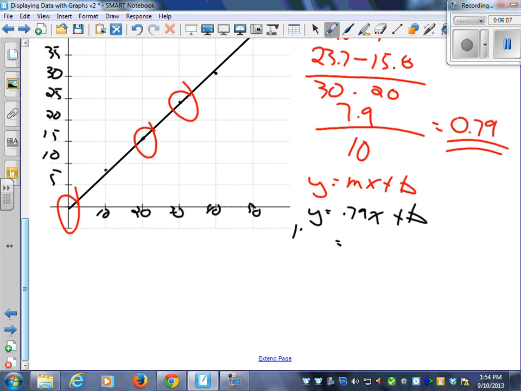So 15.8 is equal to 0.79 times the corresponding x, which is 20, plus b. And now I have an equation with how many unknowns? Just one. Can we solve that? Absolutely. Go ahead. What should the number be close to? Go ahead, solve it.